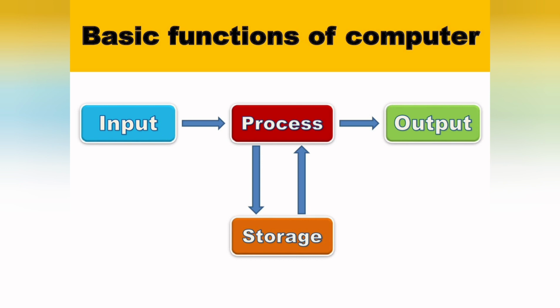Input means needed things. Process means doing or working. Output means result. These 3 steps, that is input, process, output, together are called the IPO cycle.